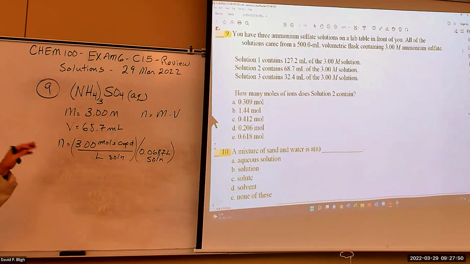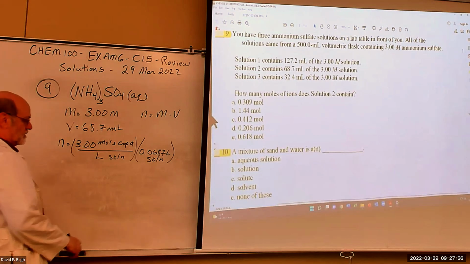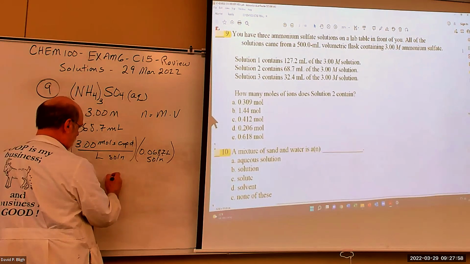That'll give us moles of compound. But the question is, how many moles of ions are there?